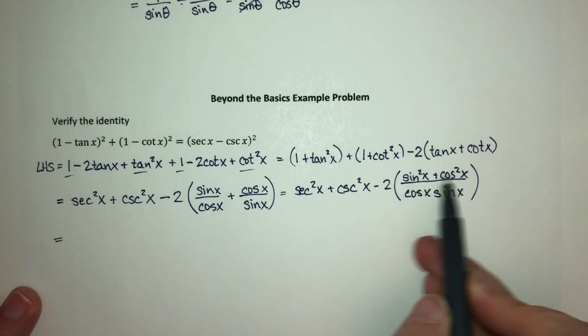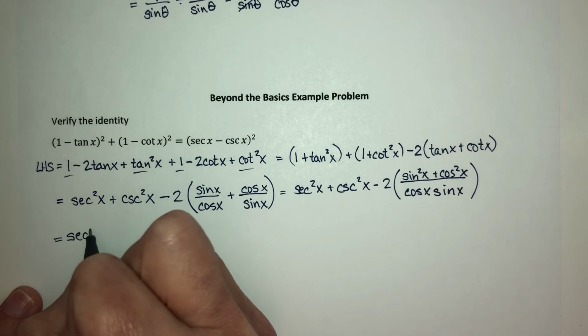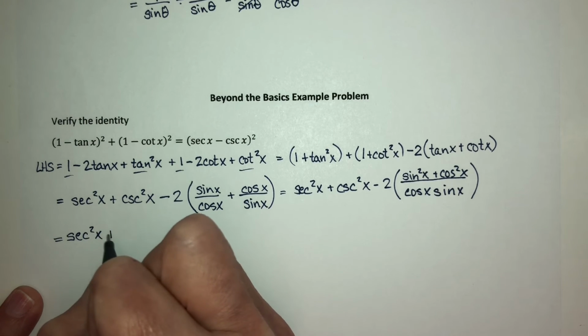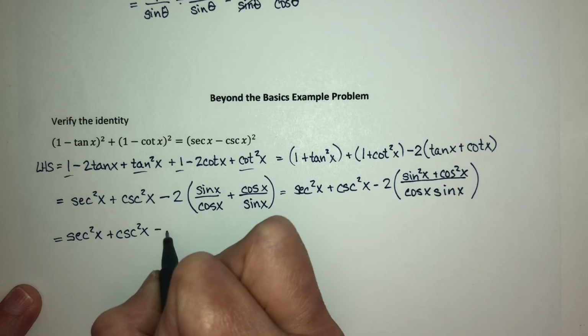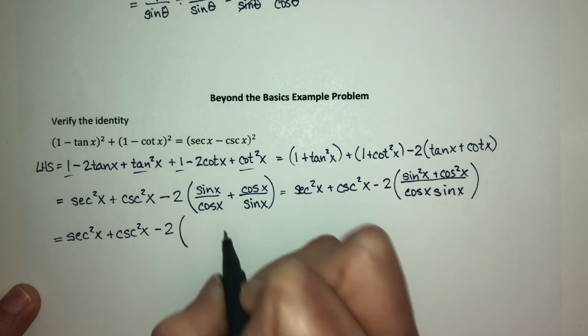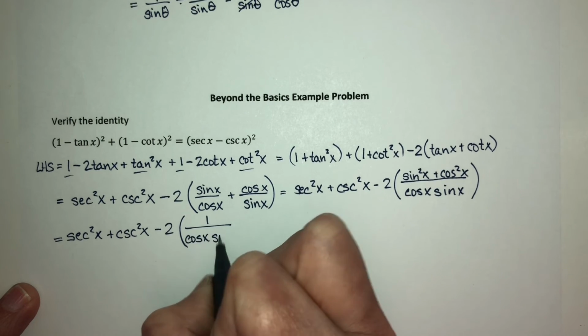This is a Pythagorean identity. It is 1, so I have secant squared x plus cosecant squared x minus 2 times 1 over cosine x sine x.